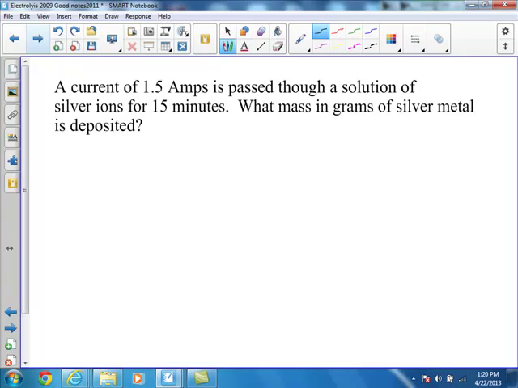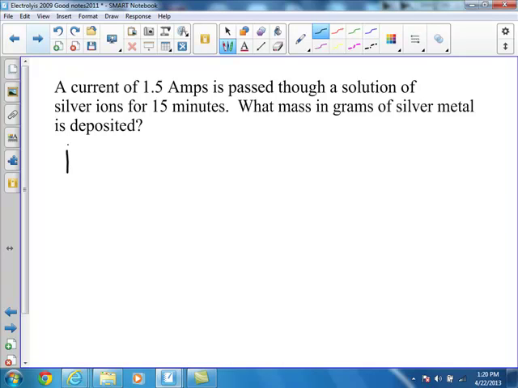When you're electroplating something like gold or silver, an expensive metal, you don't want more metal on it than you want. So we want to know what mass in grams will be deposited.